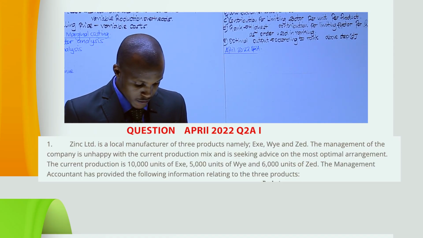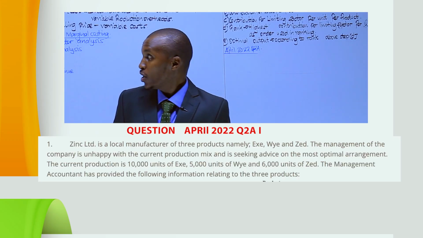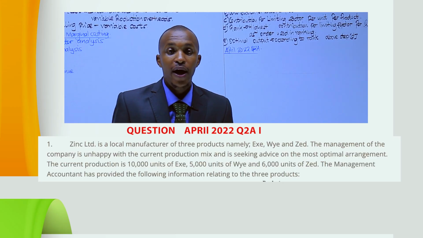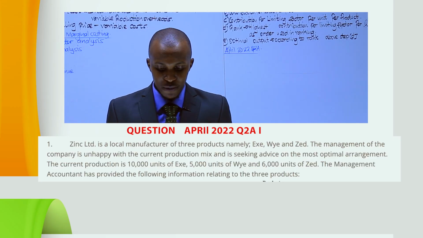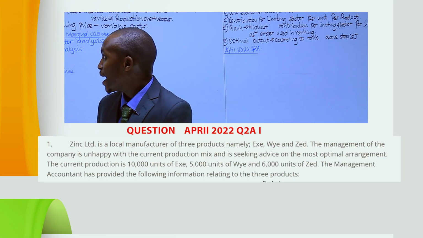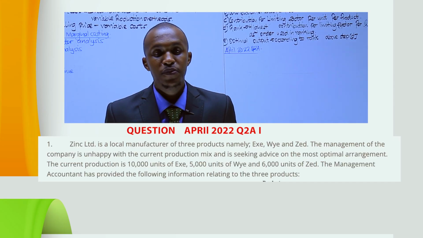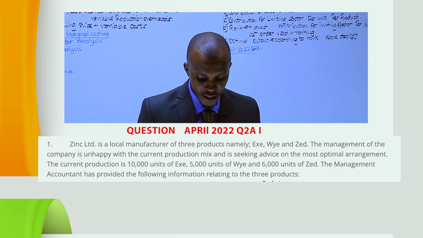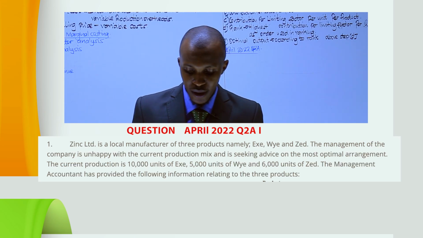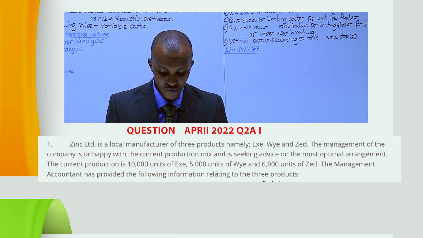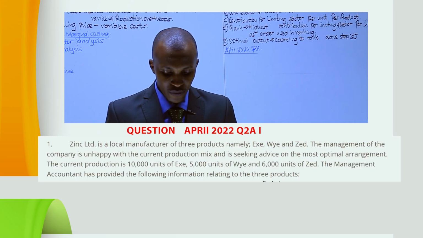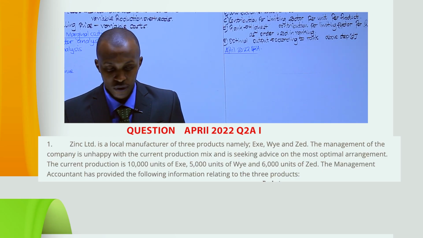The question states, Zinc Limited is a local manufacturer of 3 products, namely X, Y, and Z. The management of the company is unhappy with the current production mix and is seeking advice on the most optimal arrangement. The current production is 10,000 units of X, 5,000 units of Y, and 6,000 units of Z. The management accountant has provided the following information relating to the 3 products.